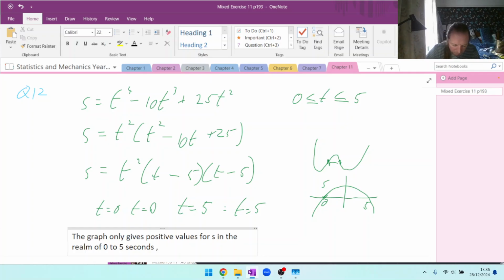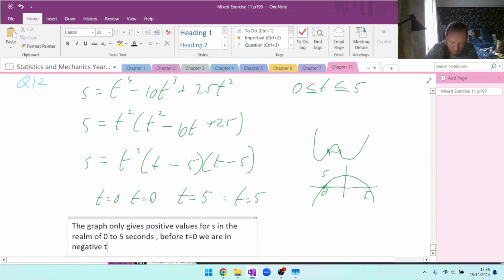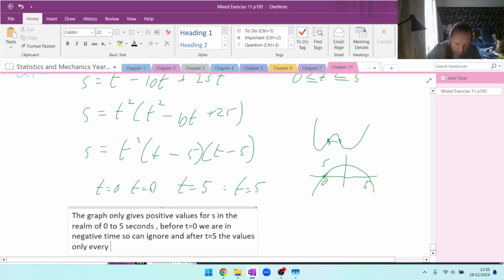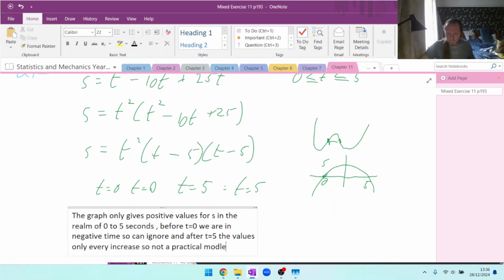Before t equals 0, we are in negative time, so can ignore. And after t equals 5, the values only ever increase, so not a practical model.